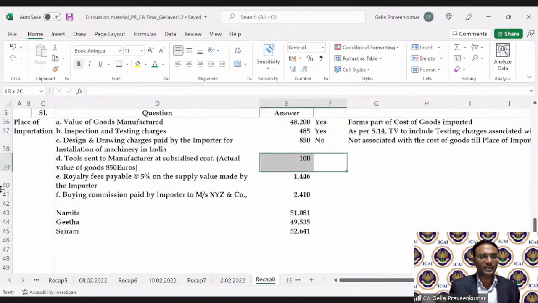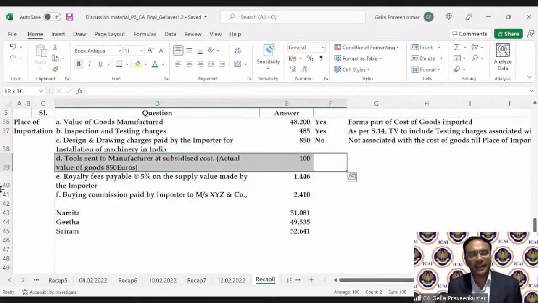Next, tools sent by manufacturer at subsidized cost. Actual value of goods 850 euros. Now, this importer has supplied goods to the manufacturer. What has he done? He has supplied these goods at 100 euros. But what was the actual cost? 850 euros. Now, look at your page number 4.21.